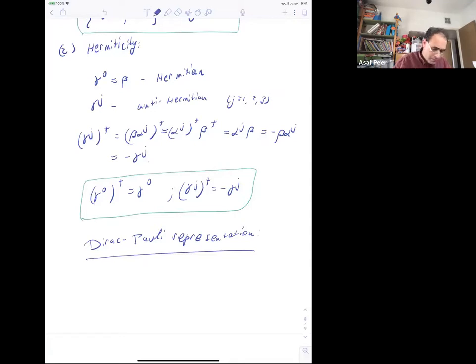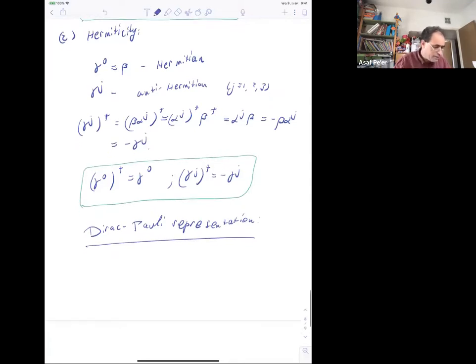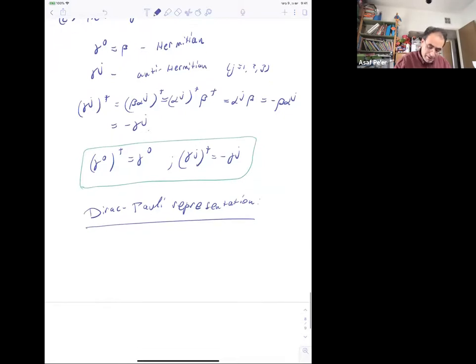And although it's only a specific one, for that, gamma 0 is just beta, it's just I, 0, 0, minus I. And gamma j is just beta multiplied by alpha j. So this is just going to be 0, sigma j, minus sigma j, 0.